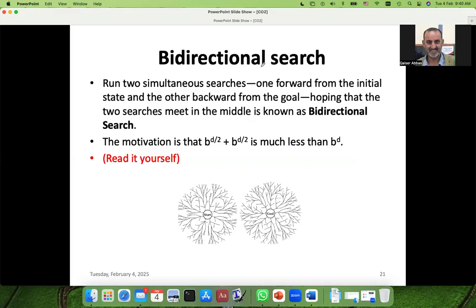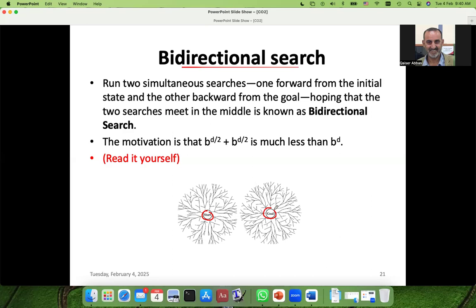And then we have bi-directional search. Bi means 2 directions. So the idea here is, if you have some tree, you will start from the root node and you will also start from the goal node. For any problem, normally you have the initial node and the goal node, and then you have the state space.